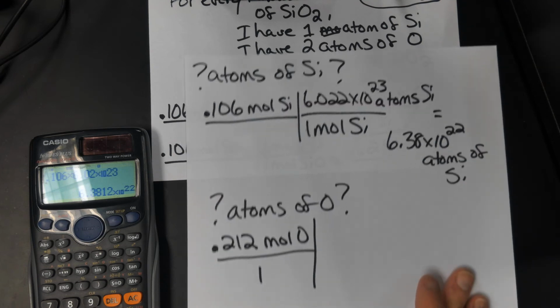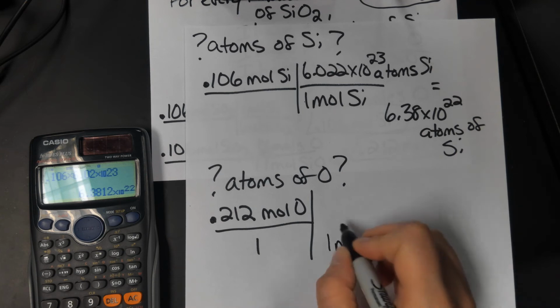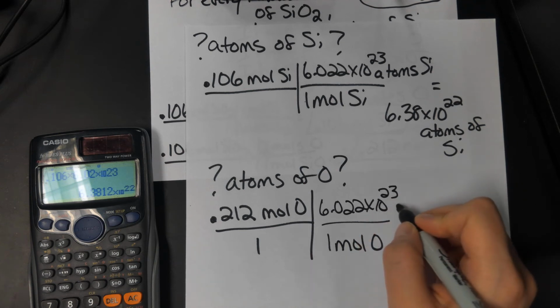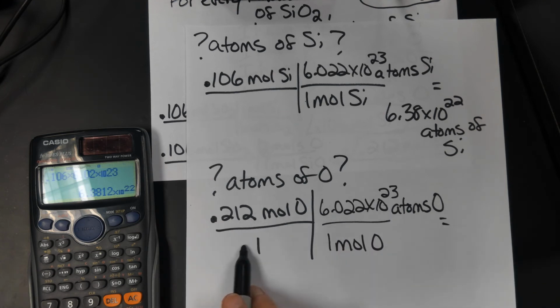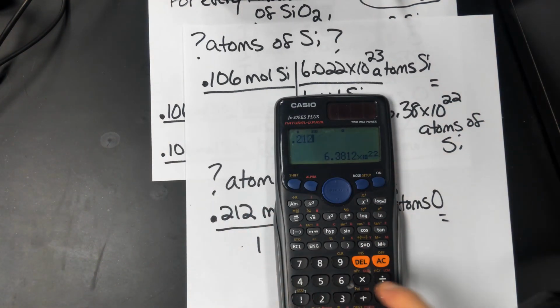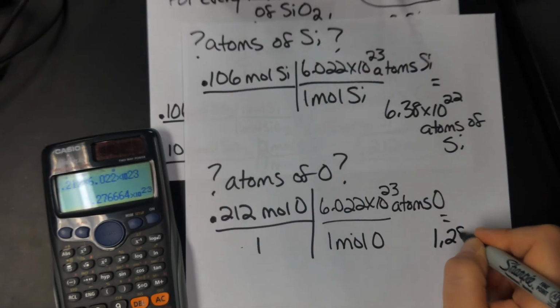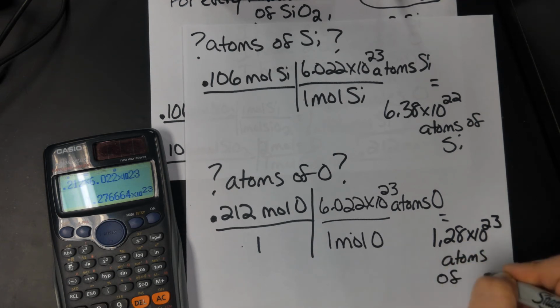Put it over 1. And I know that for every 1 mole of oxygen, I'm going to have 6.022 times 10 to the 23rd atoms of oxygen. So multiply the tops, divide by the bottoms. So I'm just multiplying 0.212 times 6.022 times 10 to the 23rd. I get 1.28 times 10 to the 23rd atoms of oxygen.